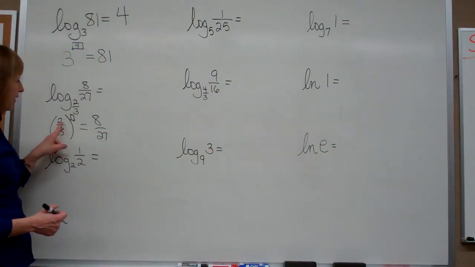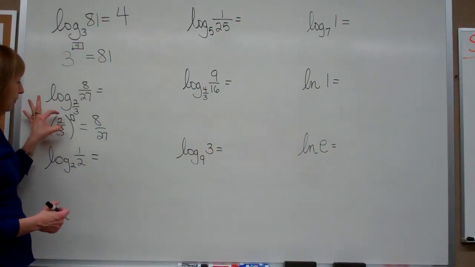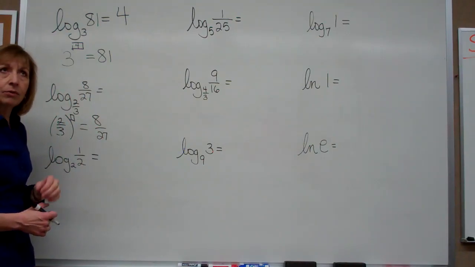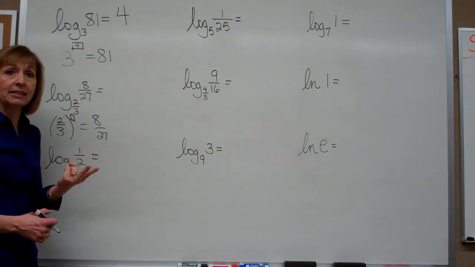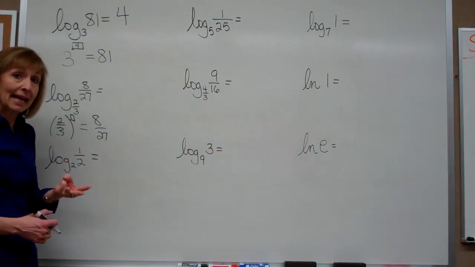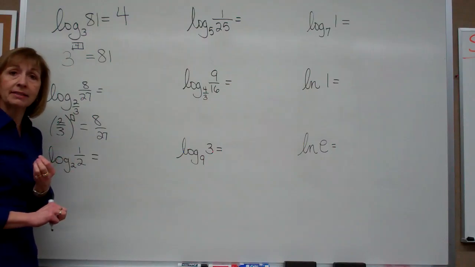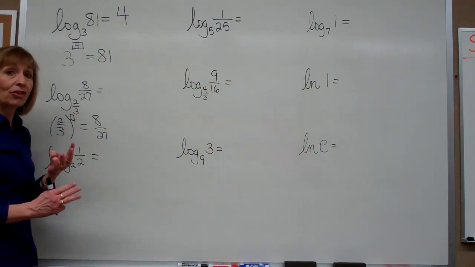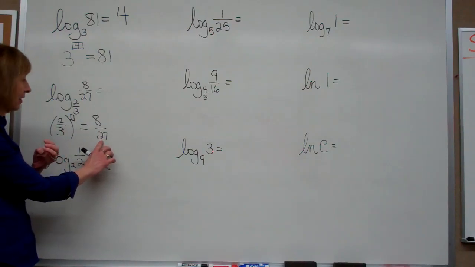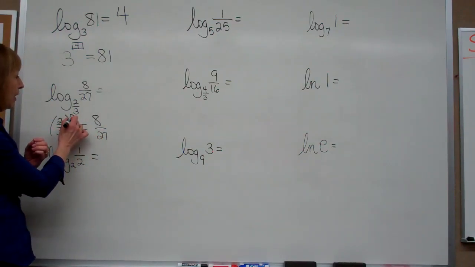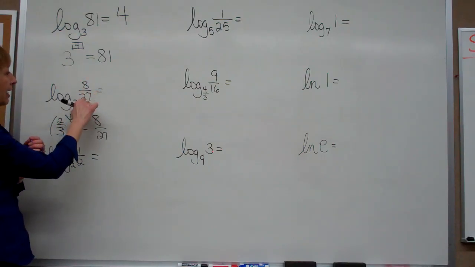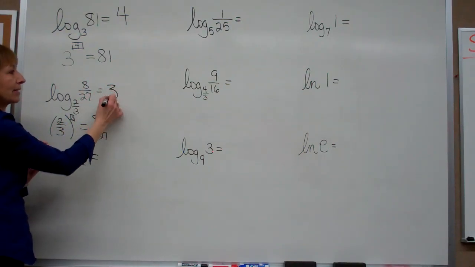So what power would I take 2 to, and 3 to, to create the fraction 8/27? Well, 2 to the first is 2, 2 to the second is 4, 2 to the third is 8. And that also works in my denominator. 3 to the first is 3, 3 to the second is 9, 3 to the third is 27. So it worked out to be to the third power for both of those. And so log base 2/3 of 8/27 is 3.